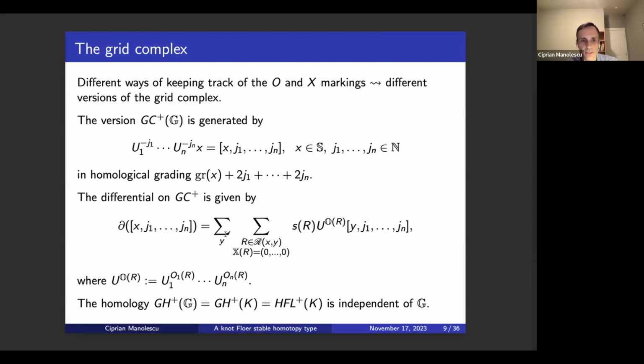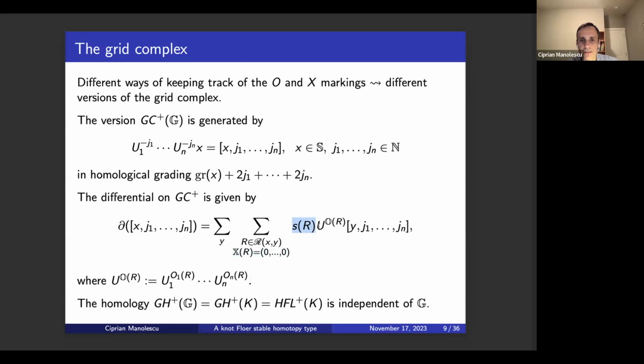So the differential is a sum over y. Then you look at all possible rectangles. I mean, usually there's just 1 or 0. And for this version, we're asking for the rectangles to not go through X's. And we are counting this with a sign that I'm not going to explain, but it's also combinatorial.